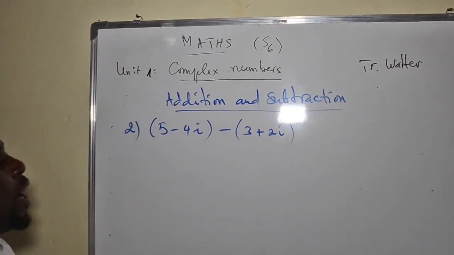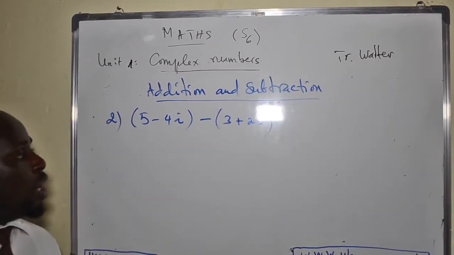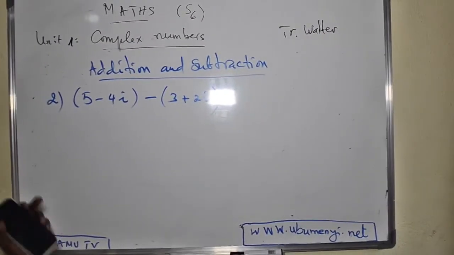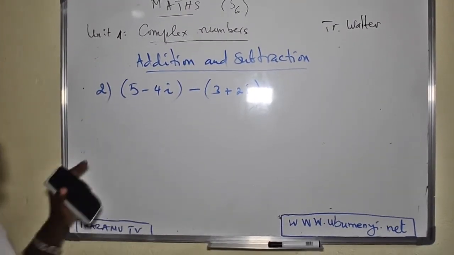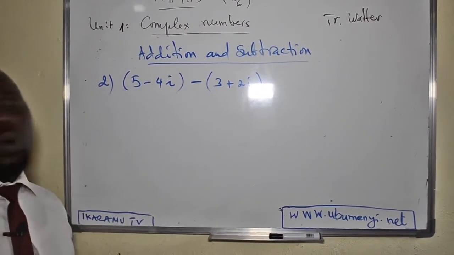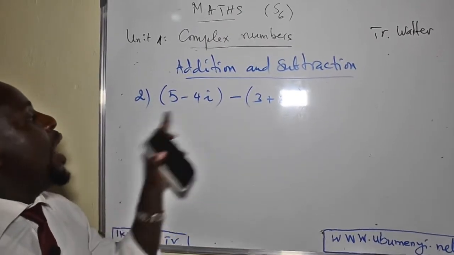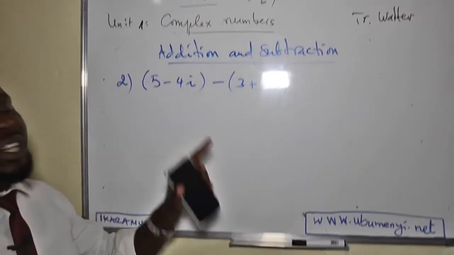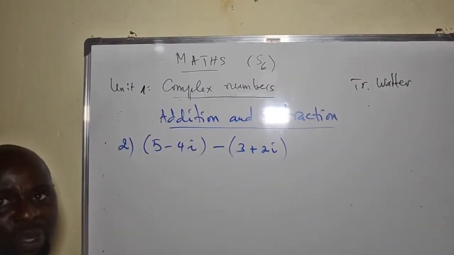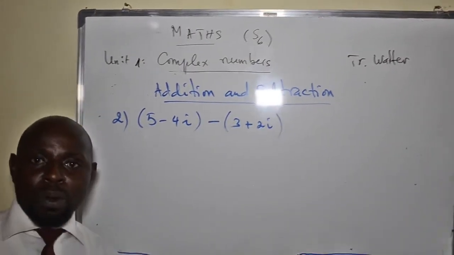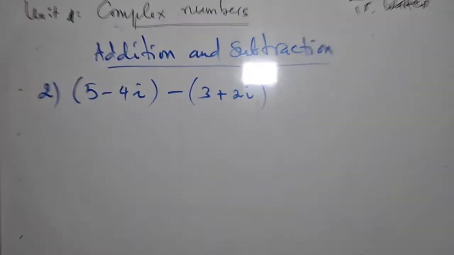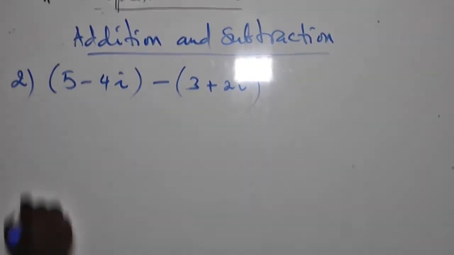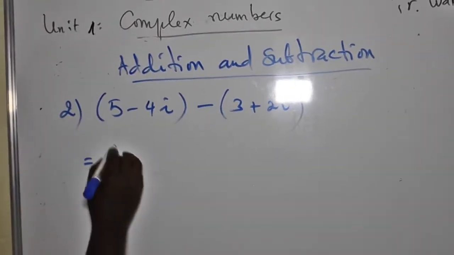What do we do here? When we are to subtract, we do the same as we have done for the addition. We subtract the real numbers that are there, and we also subtract the imaginary parts that we have there, which means we again collect together the like terms. The like terms will be the real parts and the imaginary parts. Here we go. We shall have now 5.